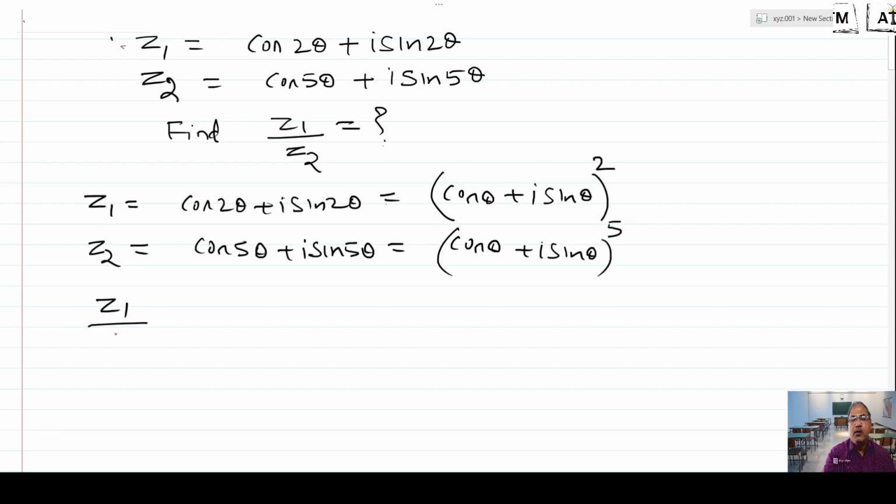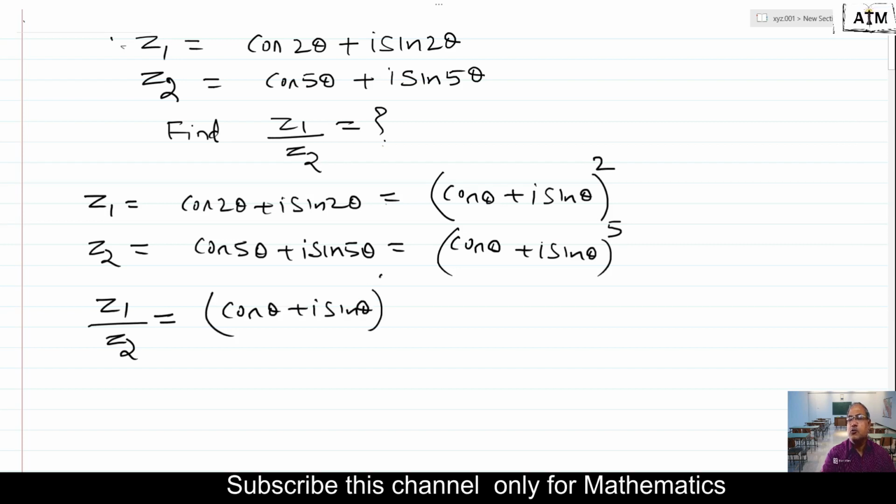Now Z1 upon Z2 equals (cos theta + i sin theta) raised to 2 upon (cos theta + i sin theta) raised to 5.